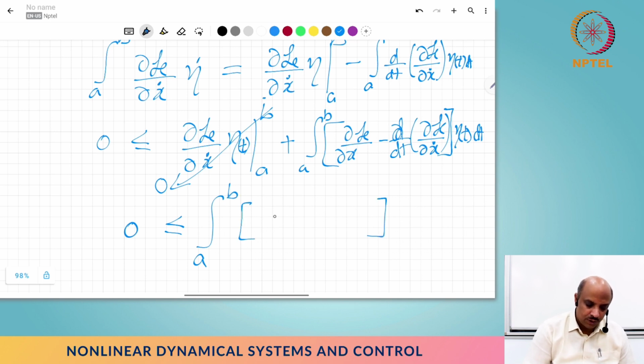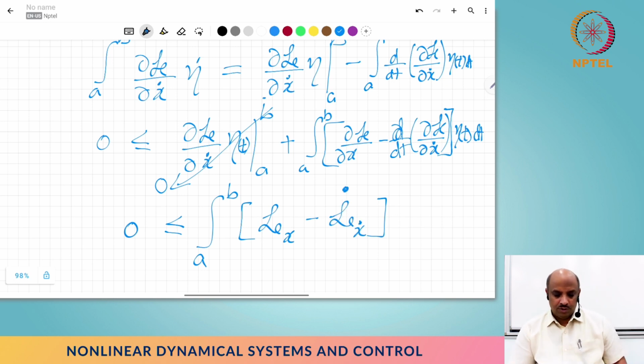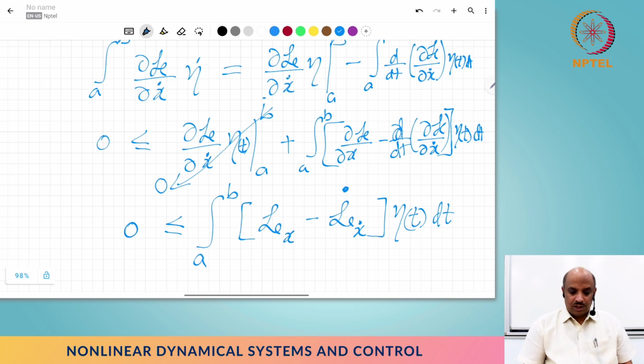I'm going to simplify notation, Lx minus Lx dot dot. Okay, I mean that's not the way to define it, but I'm being lazy and just writing it that way. Now this is true for all eta(t), in a ball around x bar.